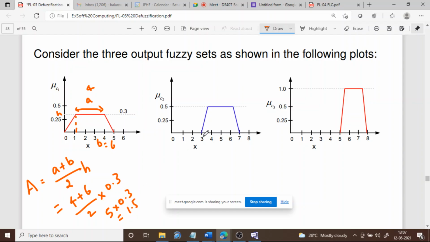So here, what is the value of H? What's the value of H here? Answer please. In the second plot, what's the value of H?